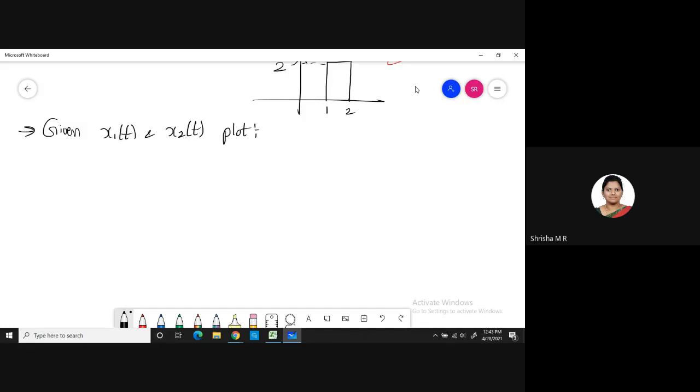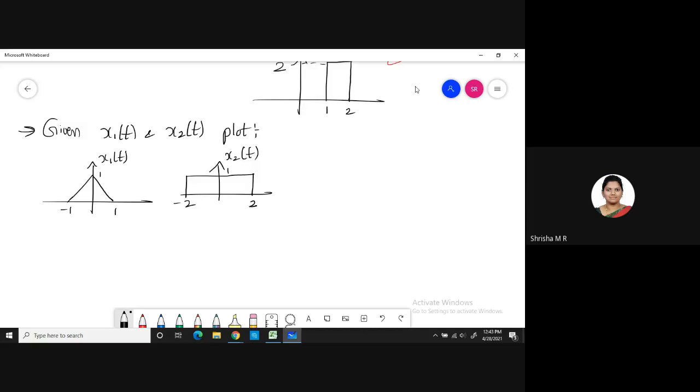So x1 of t is a triangular waveform which is existing from -1 to +1 with an amplitude 1. And x2 of t is a rectangular signal which is existing from -2 to +2 with an amplitude of 1. This is your x1 of t and x2 of t.